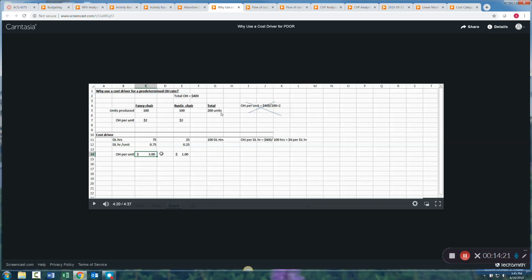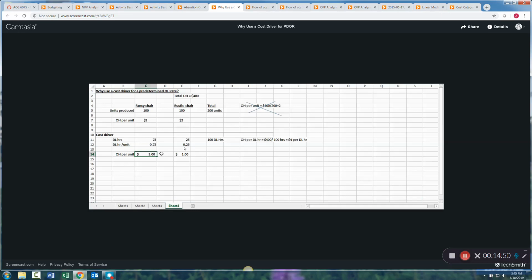If we only use units to divide the total overhead, then we might be doing ourselves a disfavor. We might be allocating too little overhead to the fancy one and too much to the rustic one. So a method that can capture how overhead is consumed is ideal, and that's the whole idea of using a cost driver.